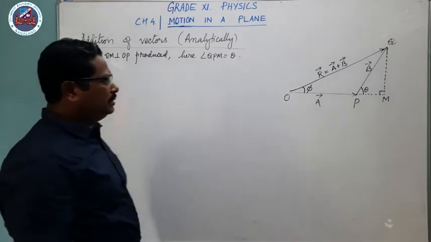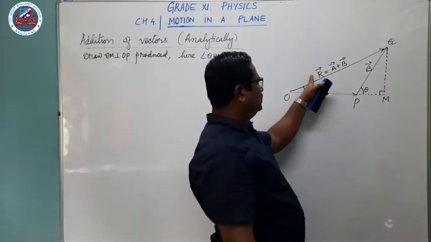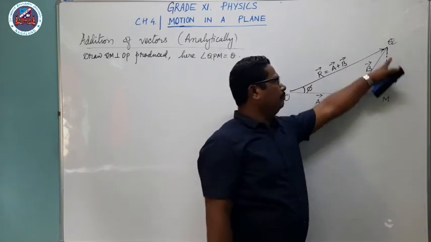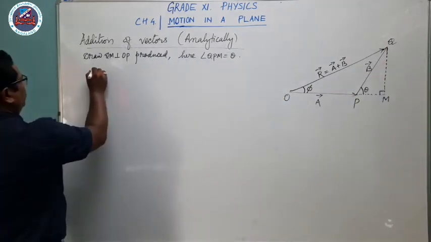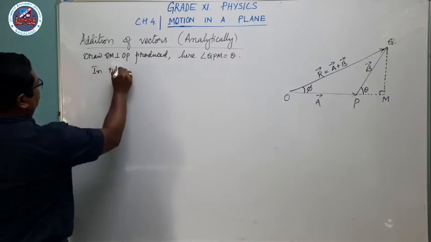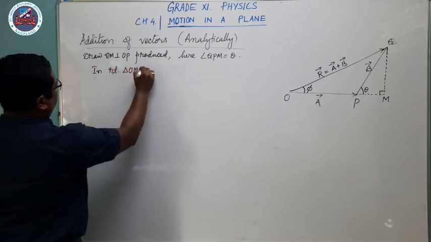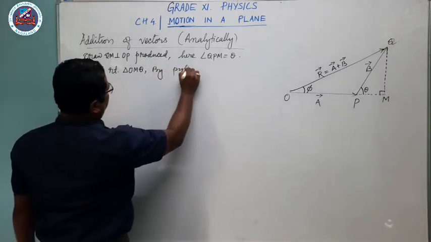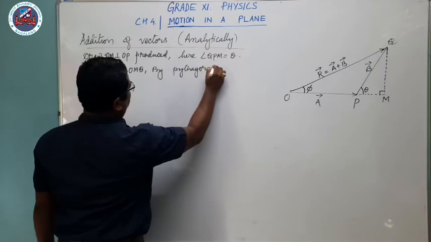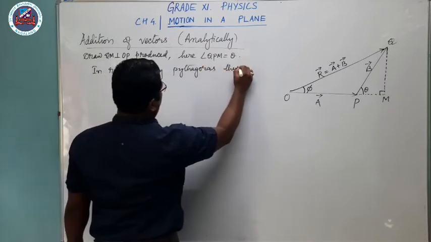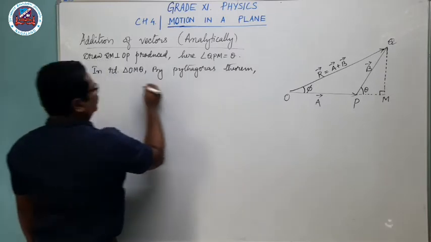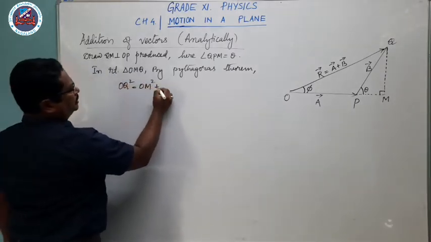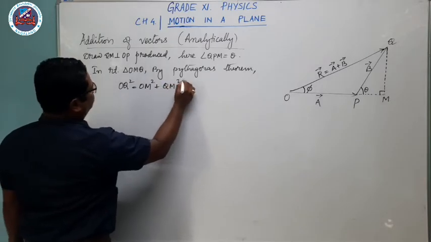To find out the magnitude of the resultant, we use the Pythagoras theorem. In right triangle OMQ, by Pythagoras theorem, OQ square is equal to OM square plus QM square.